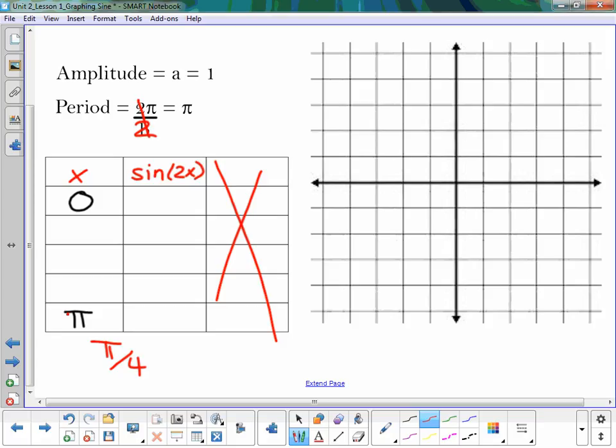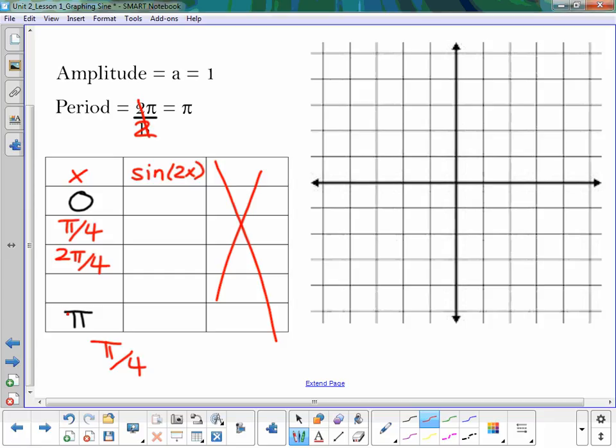So starting at 0, I'm going to go up by pi over 4. So after 0, I go to pi over 4. Then I go to 2 pi over 4. You can also call that pi over 2.